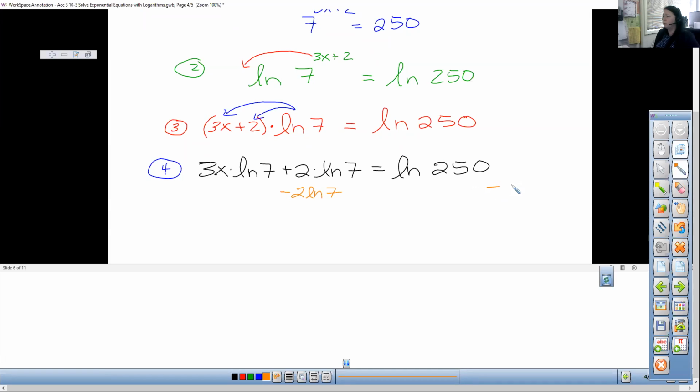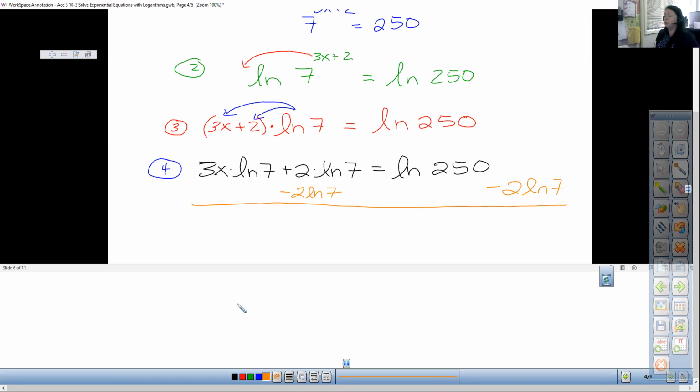Now, I'm writing this over to the side to make it very clear that I cannot subtract the 7 from the 250. There's no way I can combine these two through subtraction. I could use the quotient property of logarithms, which we learned about in the first lesson, but it's unnecessary here. If you wanted to do that, you can, but it's not required.